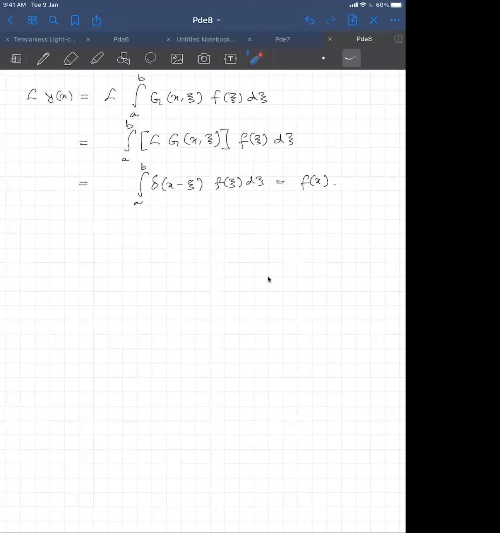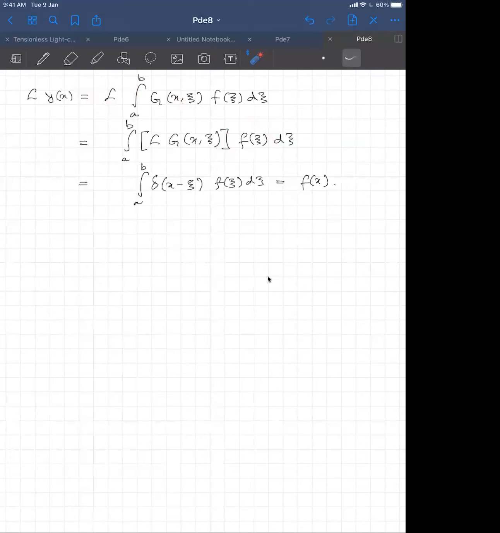We also know that the solution that we have constructed obeys y of a equal to y of b equal to 0, as a direct consequence of the conditions on the Green's function.